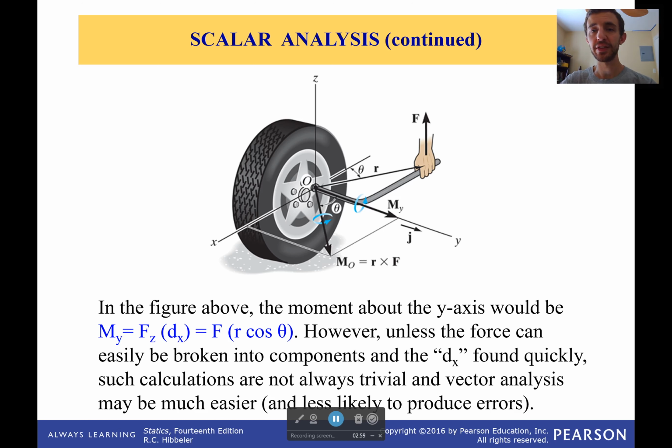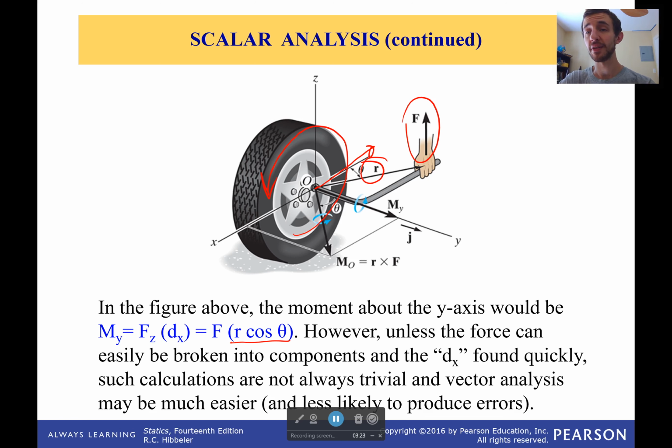So, right here you see we have a force going straight up, and we have some position vector right here. Now, if I'm turning around this wheel, then I need to make sure that my position vector is only in the x direction. So it isn't just the position vector r, it's r cosine of theta.